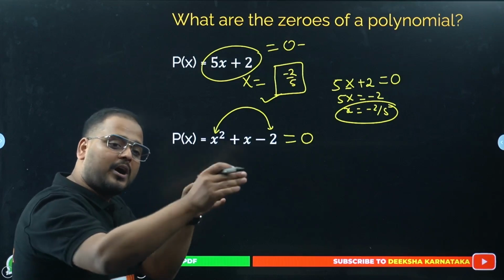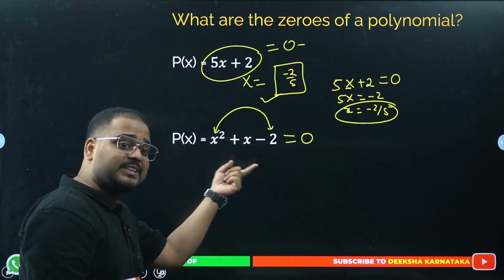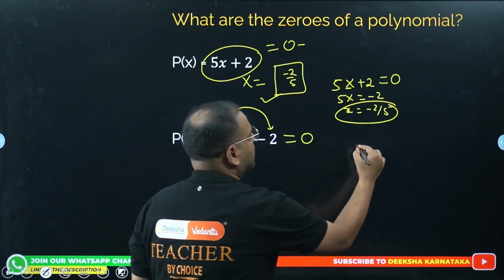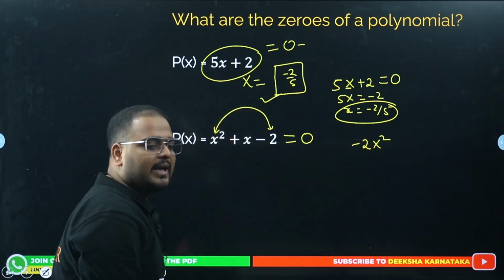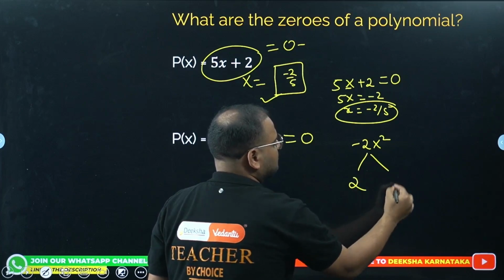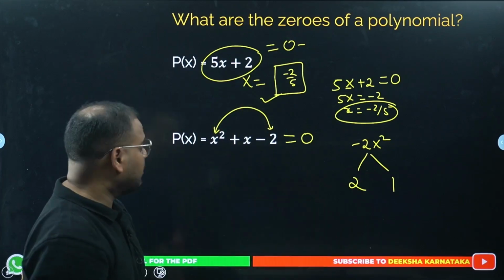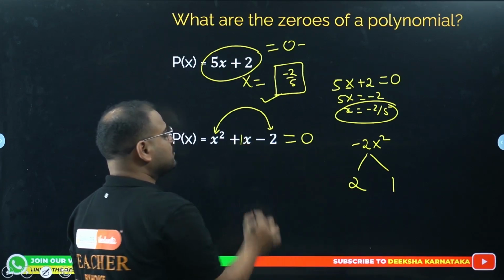Anything which is given, you arrange it in this format. First, multiply the constant term with its sign to the square term. So what we get here is minus 2x square. What next? Write factors of 2. Factors of 2 are what? Just 2 and 1. It's a prime number, right? How can we write? Now, using 2 and 1, can you get just 1x?